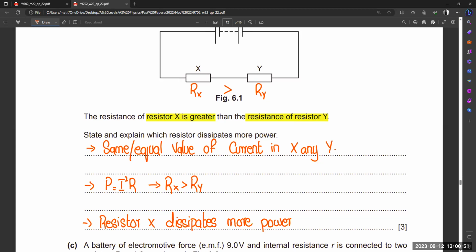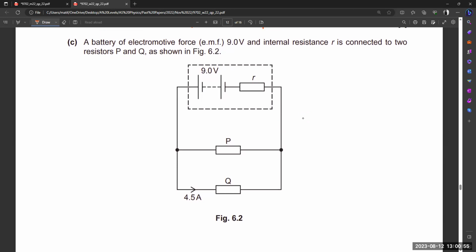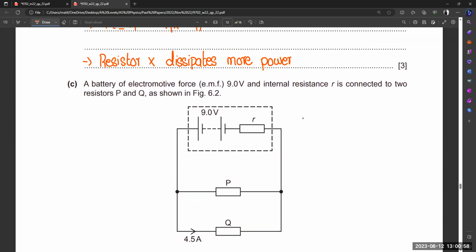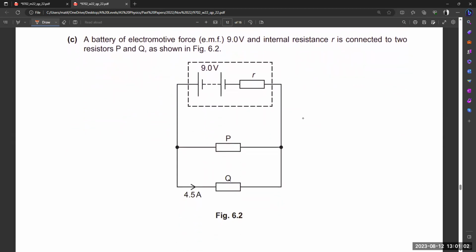Are there any questions where they ask you to derive the formula? Yes, they ask about derivations, maybe in some papers. I don't remember exactly in which years.